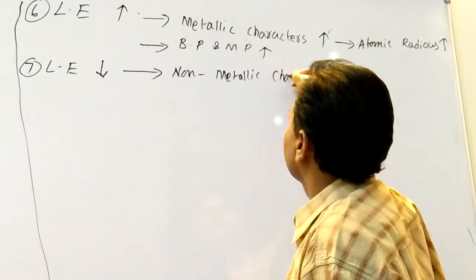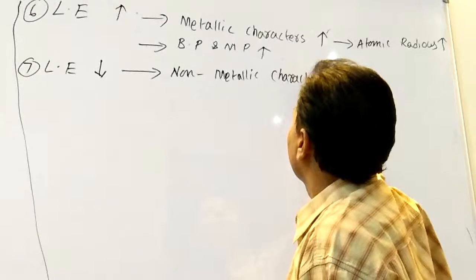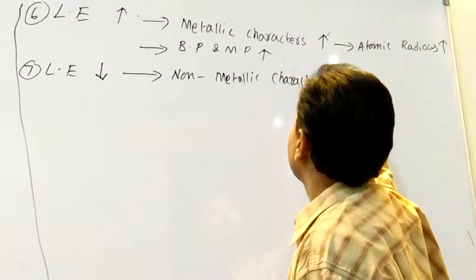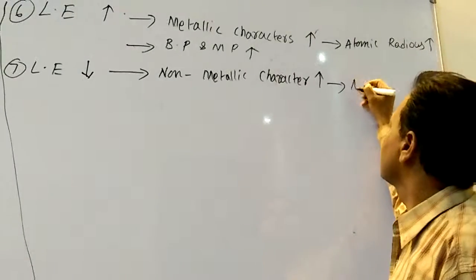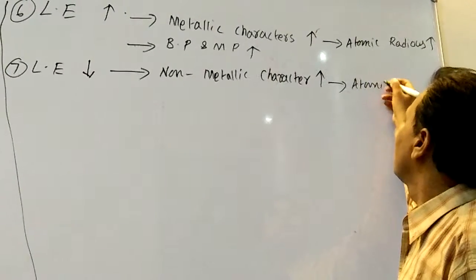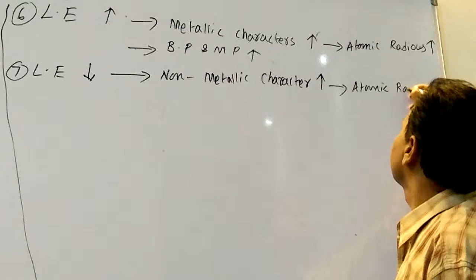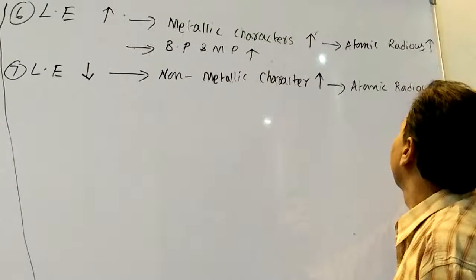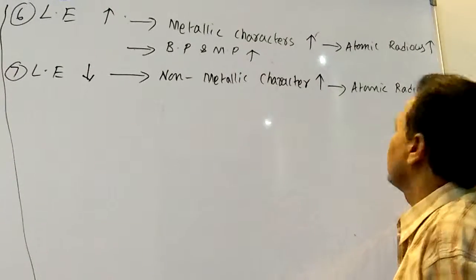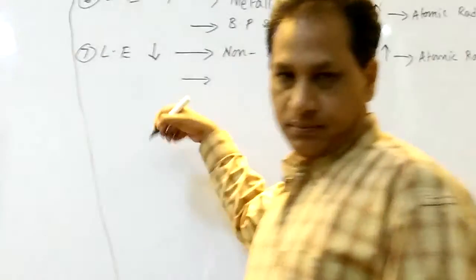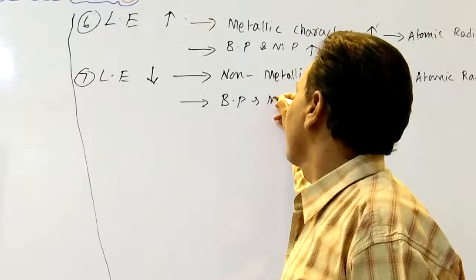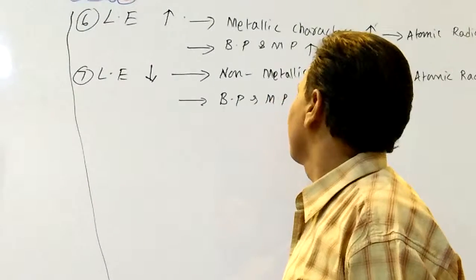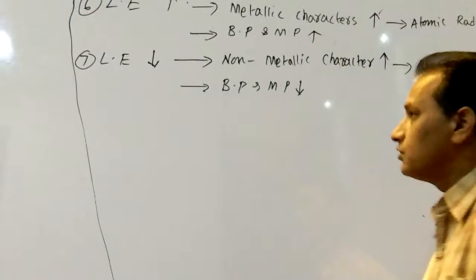Non-metallic character increases means atomic radius decreases. That's why boiling point and melting point decrease. Okay.